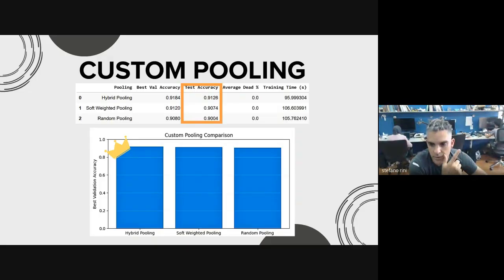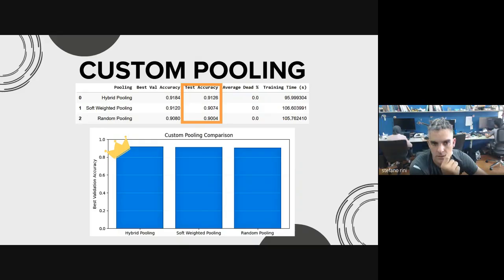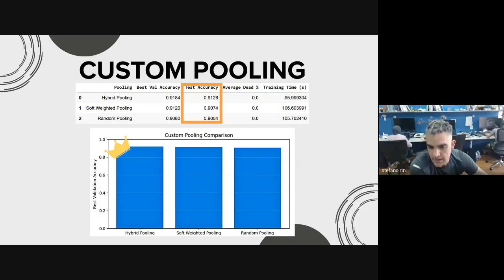So what is hybrid pooling? What is the formula of hybrid pooling? I didn't show it in this. Random pooling is clear, soft-weighted pooling we saw in some other presentation, but this hybrid pooling, hybrid between what and what?